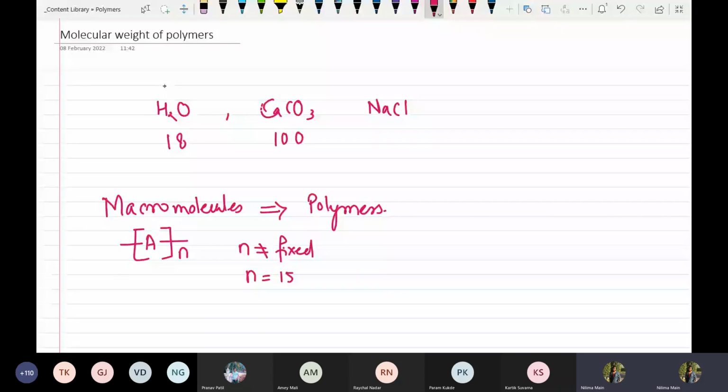So suppose I'm synthesizing a polymer in the lab. No matter how controlled a reaction you perform, let's say under a highly controlled environment, you still cannot be sure that all the polymers will have the same number of monomers. Let's say it will have 100 molecules having n equal to 15, then 500 molecules having n equal to 18, and like that.